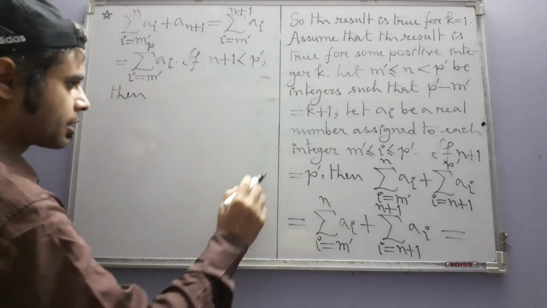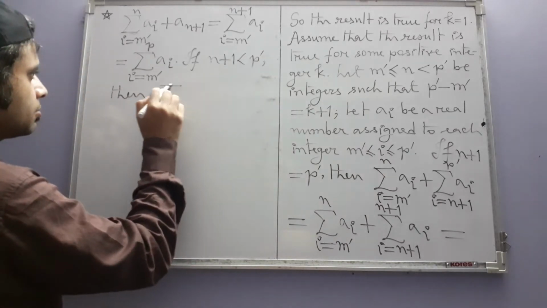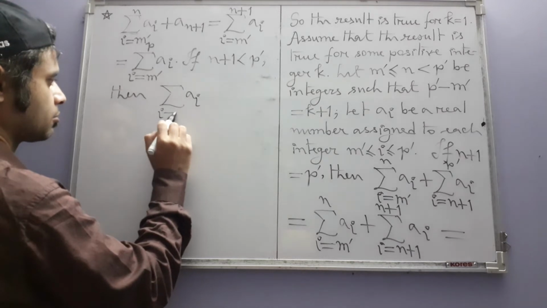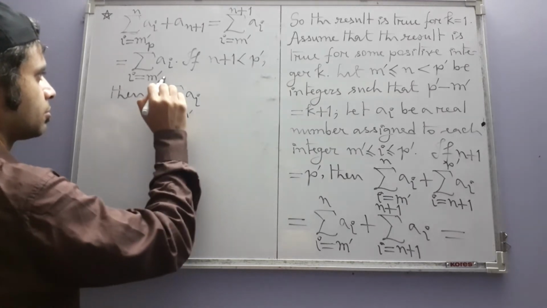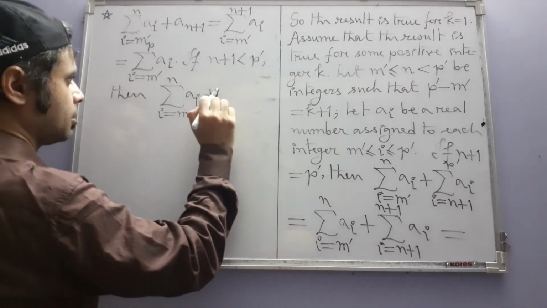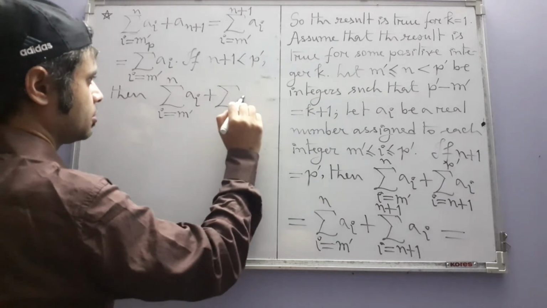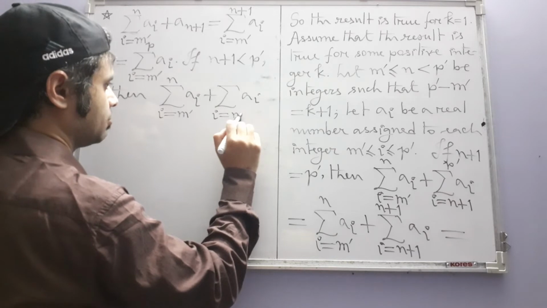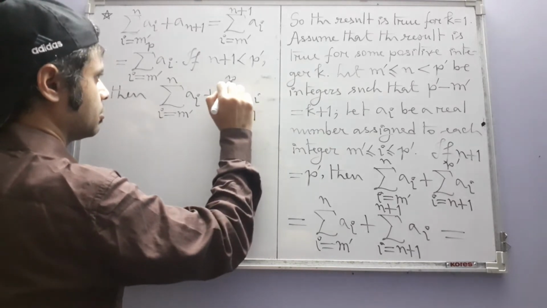So if n plus 1 is less than p prime, again we start with this expression, summation ai from m prime to n, plus summation ai varies from n plus 1 to p prime.